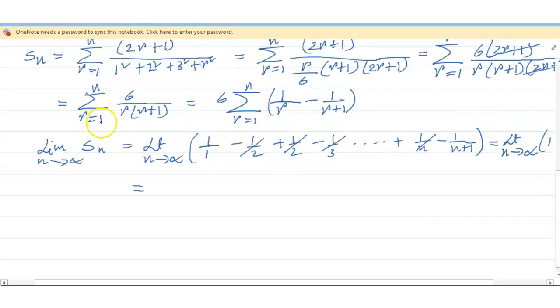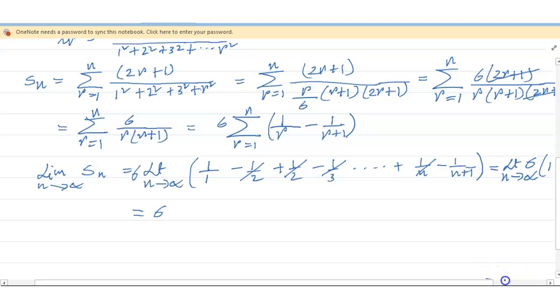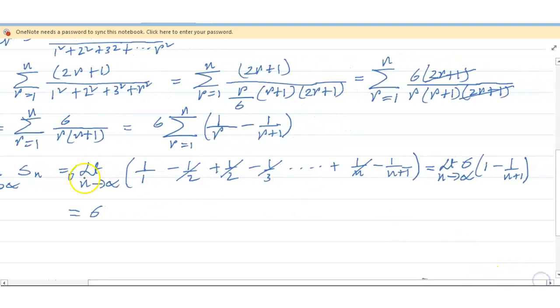You can get, friends, that 6 is also multiplied here. So 6 into limit n divided by n plus 1.